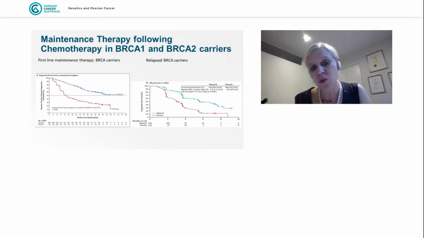And if you continue to have a tumour that is sensitive to platinum in the relapsed setting, if your cancer returns, then you would be offered olaparib as maintenance therapy at relapse.